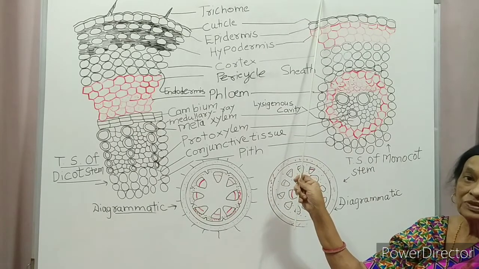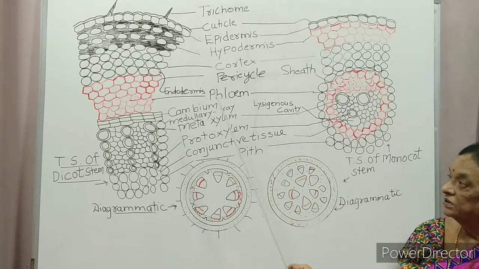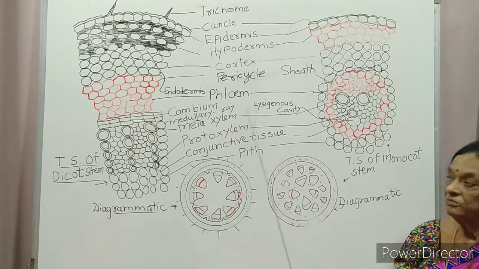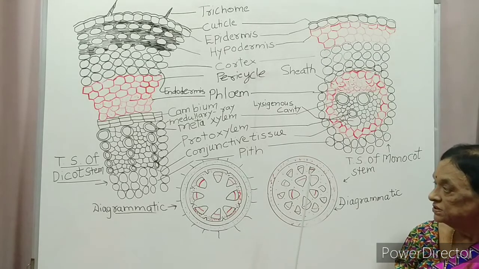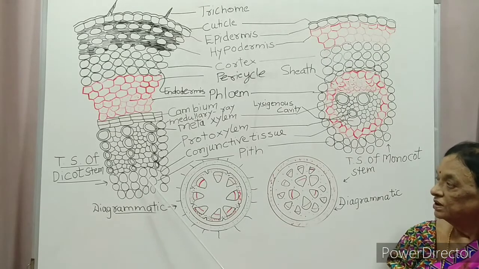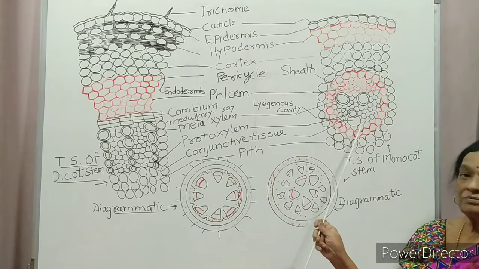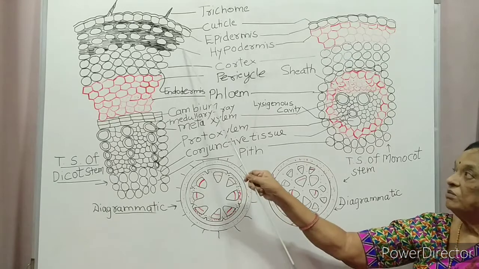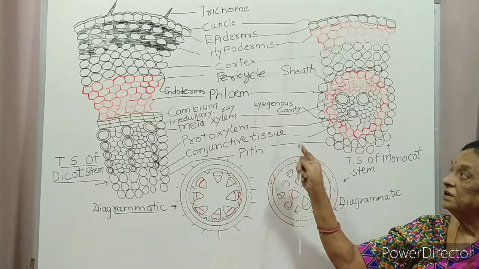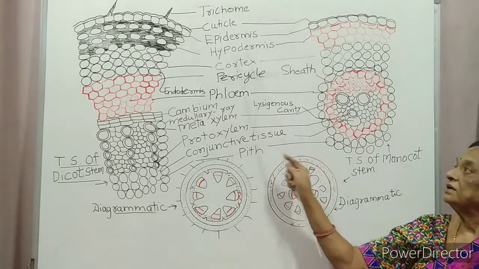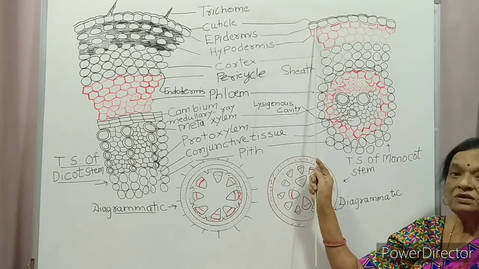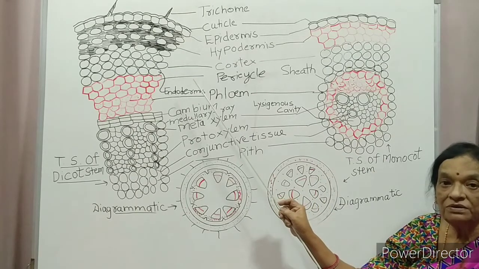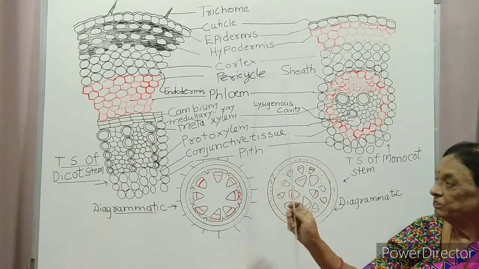Both the stems have conjoint collateral vascular bundles, and both stems have endarch protoxylem. So what is the specialty which is common in both stems? Cuticle, epidermis covered with cuticle, then conjoint and collateral vascular bundles.